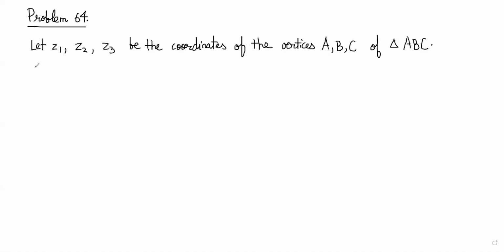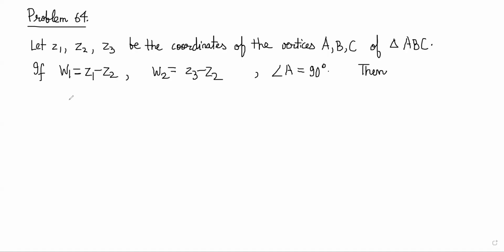Now, they have said that if W1 is equal to Z1 minus Z2, W2 is equal to Z3 minus Z2, and angle A is equal to 90 degrees, then which of the following options are correct? Option A is real part of W2 by W1 is equal to 1.